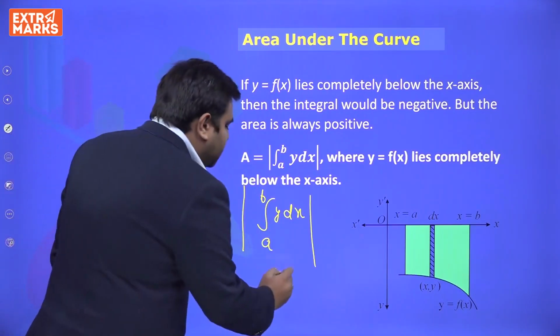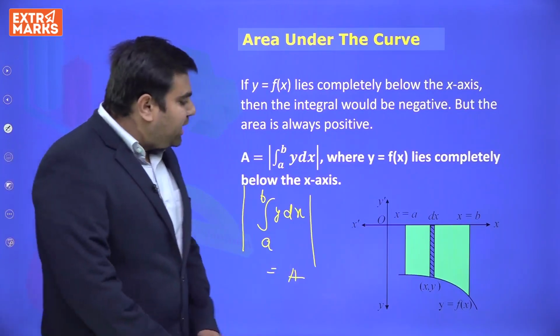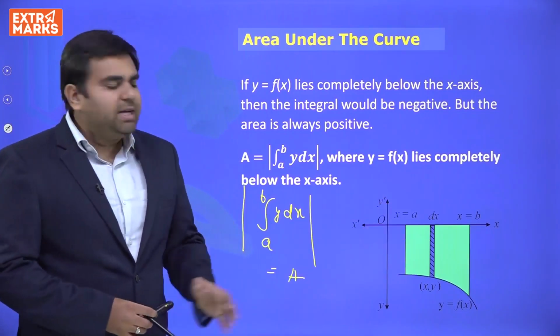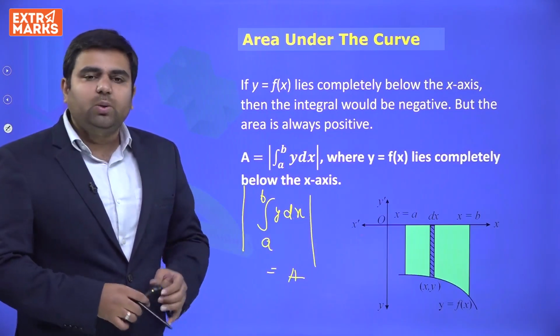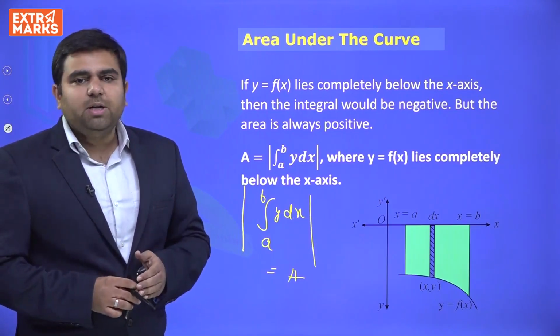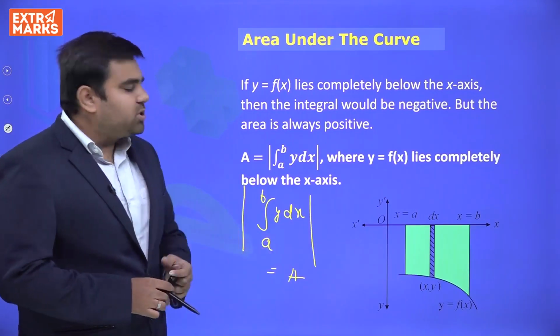And now this would be the area. If you simply calculate the integral of f of x dx from x equal to a to x equal to b, it will definitely come out to be negative, but since area is always positive, we need to apply this modulus.